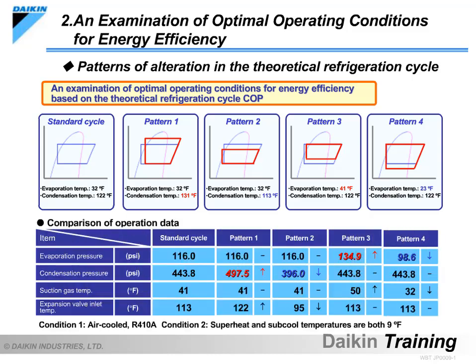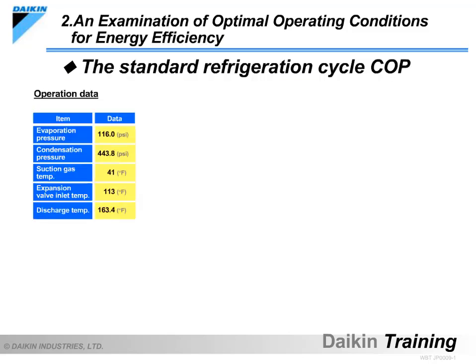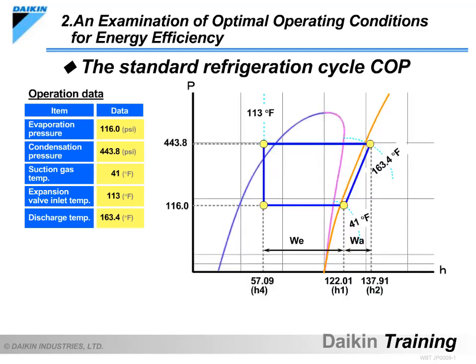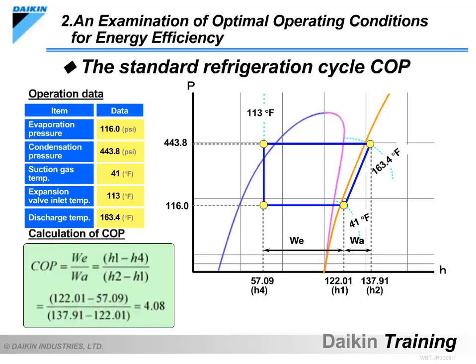The detailed operation data for each pattern are as shown on the slide, with the superheat and subcool temperatures both the same as the standard at 9 degrees Fahrenheit. The refrigeration cycle can be depicted on the slide using the operation data for the standard cycle. As mentioned before, the refrigeration cycle COP is the ratio of the refrigerating effect to the compression work.